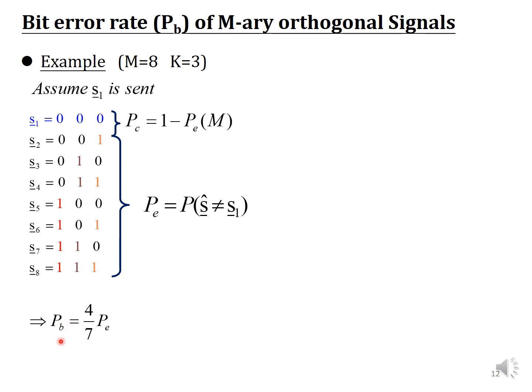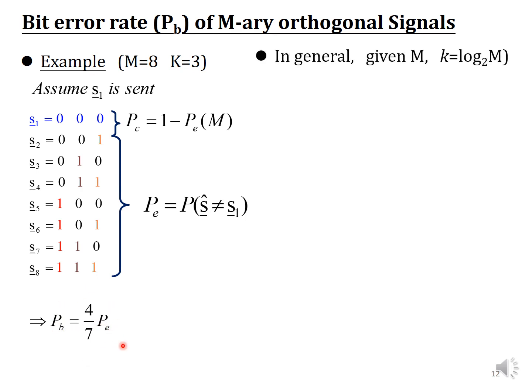So the bit error probability would be 4 cases, each case having the probability of PE over 7, and the four of them lead to the bit error. So the bit error probability would be this.